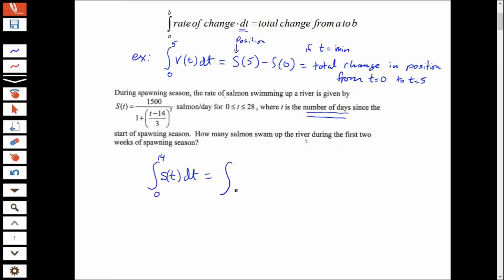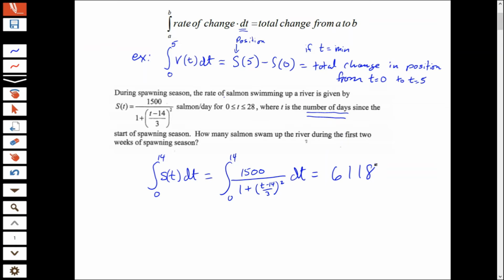So in your calculator, put in 0 to 14. I'm not expecting you to do this one by hand. 1500 over 1 plus t minus 14 over 3 squared dt. If you calculate that up as I did, I got 6,118, and then a decimal, but we can chop this off because we're not looking for fractions of salmon right now.